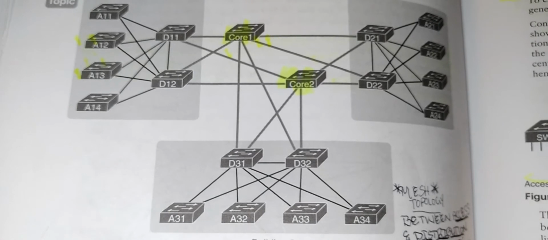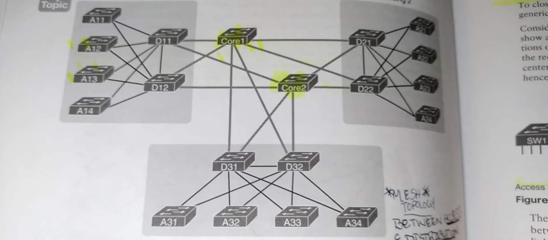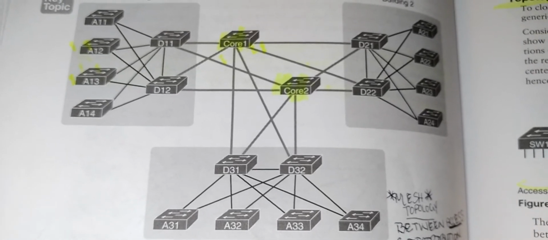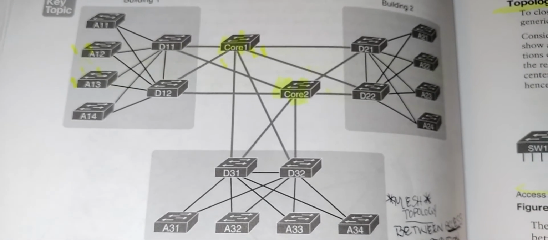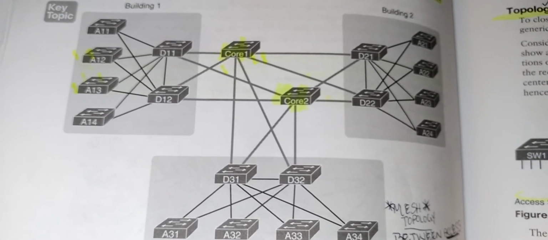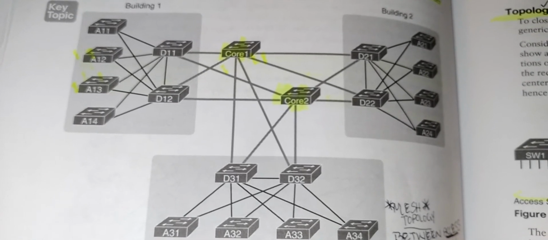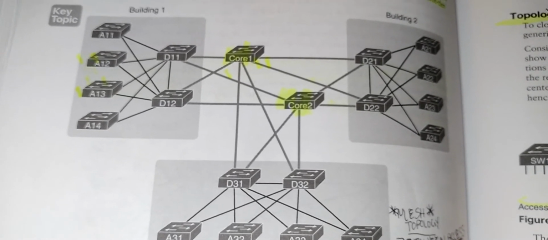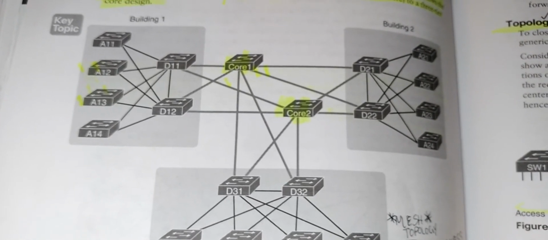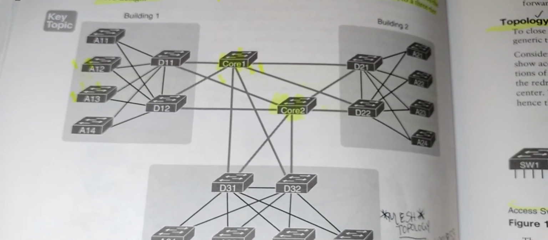The access layer is also most times called the wiring closet layer. The reasoning behind this is, say you have an office floor with cubicles with RJ45 connections in the wall, and you're plugging into your local RJ45 connector port, and it will run back to the wiring closet.